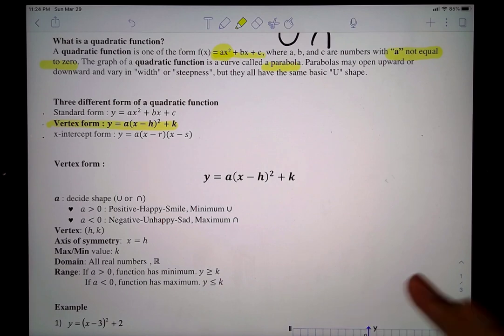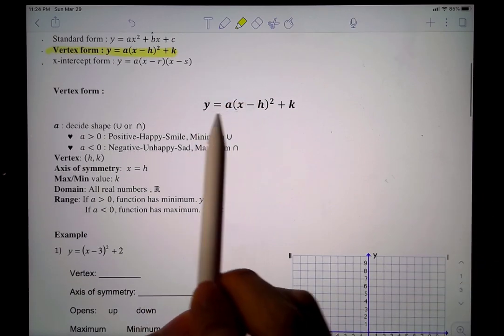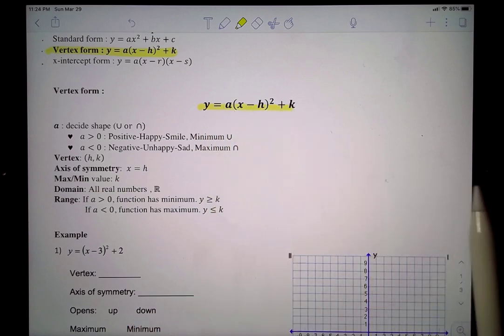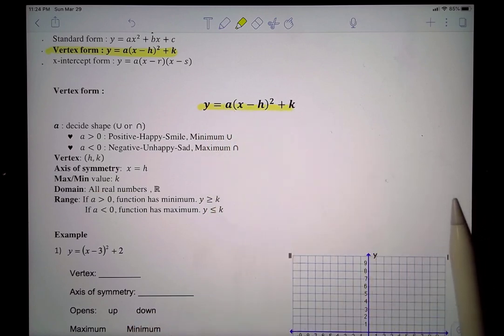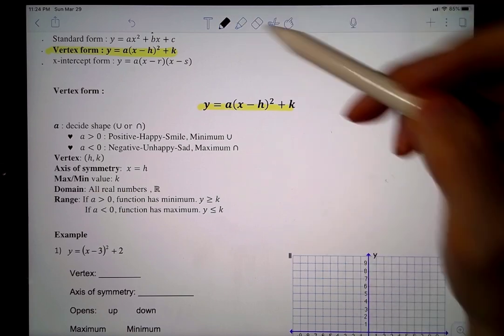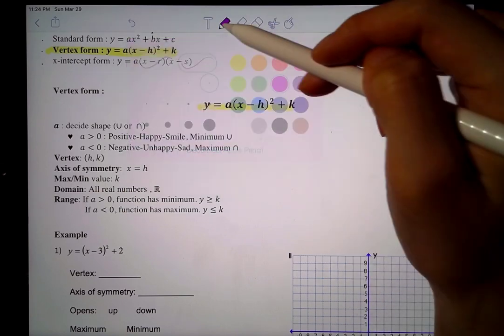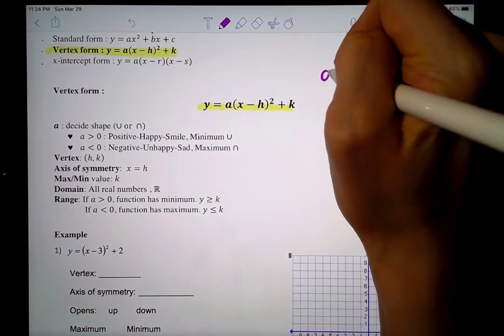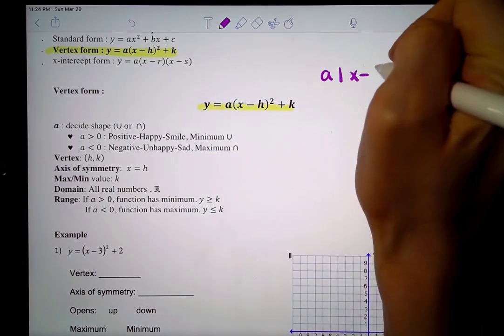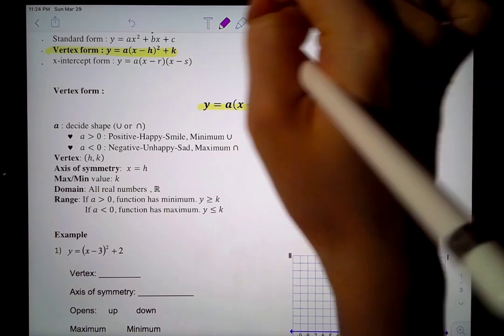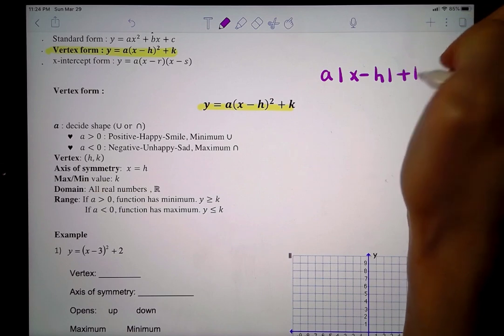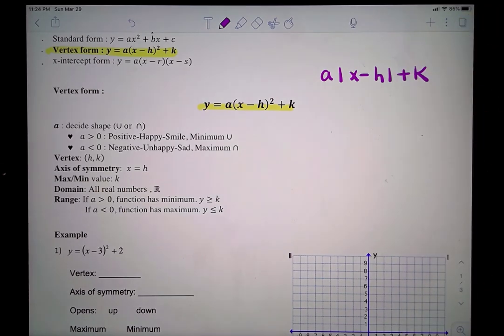And a vertex form looks like this. Do you remember absolute value, right? We did the quiz on Friday, right? Look, that's really similar to the absolute value function. Look at this. So you have this, but what if I just write it a times absolute value of x minus h plus k, then that's exactly the same format, right?